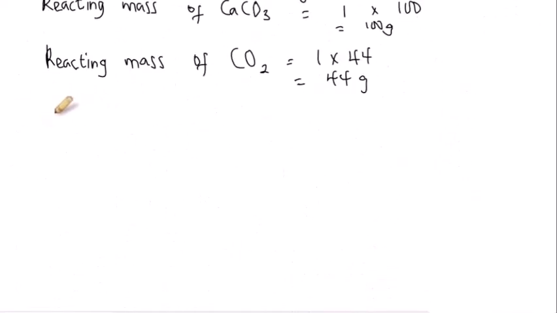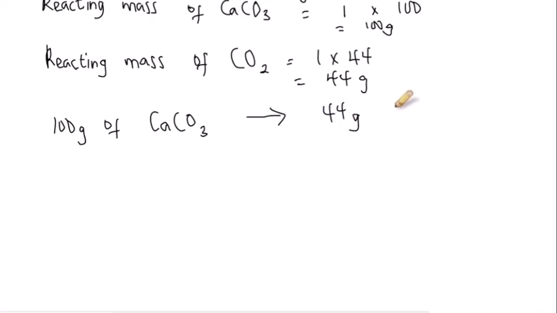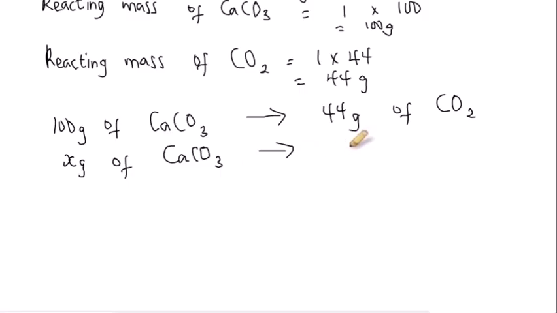To determine the mass of calcium carbonate, we'll use the relationship that 100 grams of calcium carbonate yielded 44 grams of carbon dioxide, according to the equation above and our calculation. So x grams, because we do not know the exact amount that decomposed, yields 0.33 grams of carbon dioxide, CO2, which was given in the question.